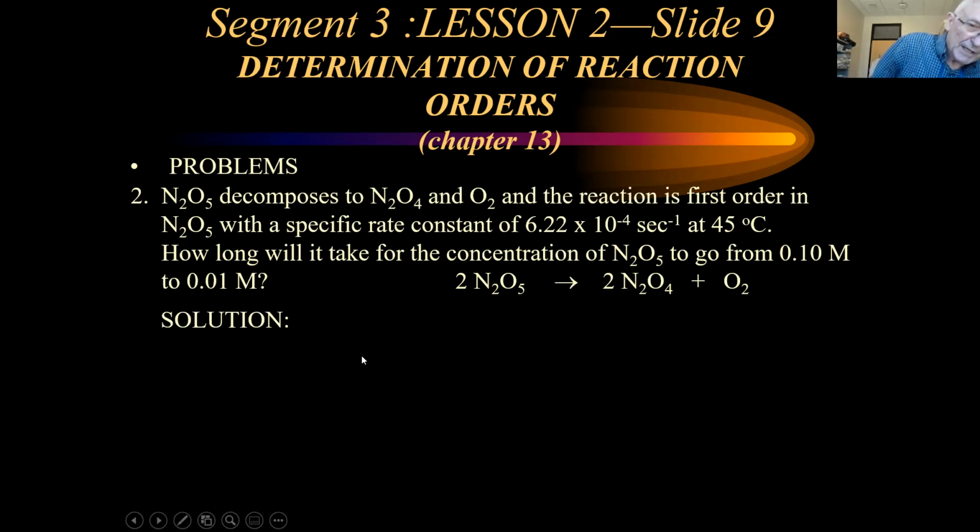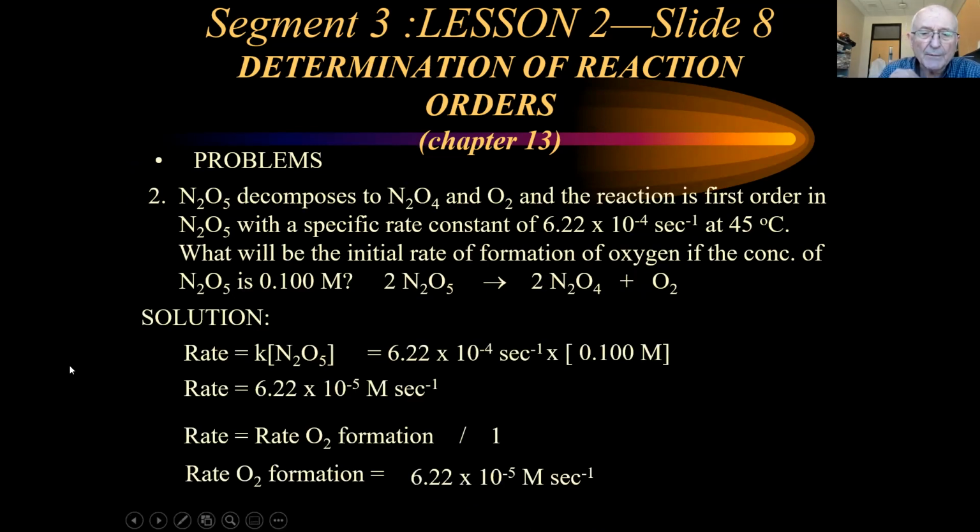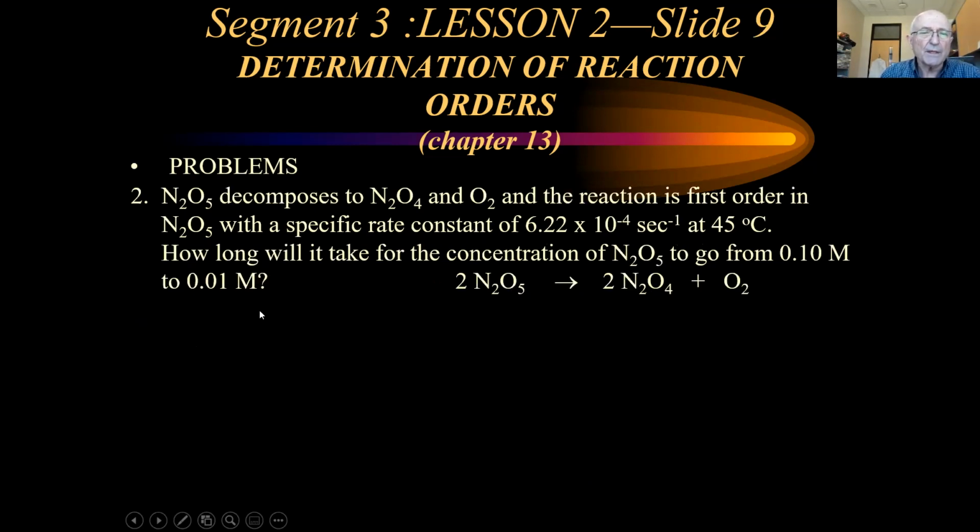I went a little too fast with you on that one. So we're going to take 6.22, and for oxygen it's going to be the same value because we were looking at a coefficient of 1. So it would be rate divided by 1, the same thing. For the others, there would be the rate divided by 2. Each one of these had a 2 balancing coefficient. Okay. Same type of information.